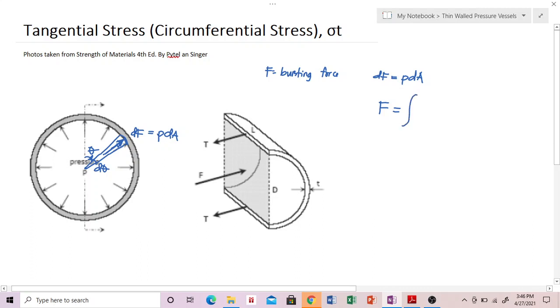That is integral of P dA multiplied by sine theta. Why sine theta? Because yung horizontal component niya, ma-multiply ka ng sine nitong angle na to. Diba? From trigonometry naman yun.